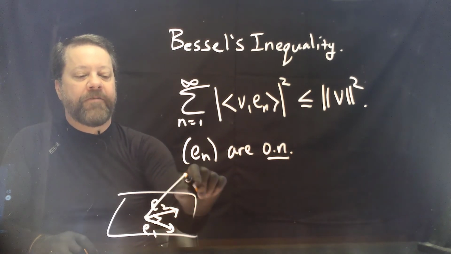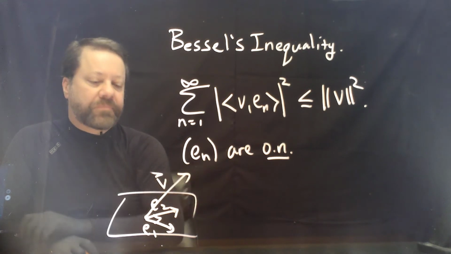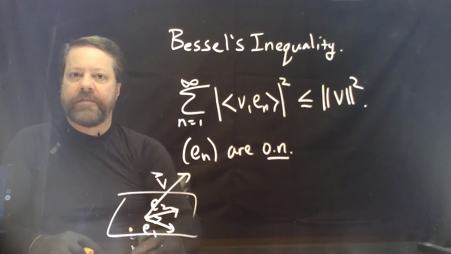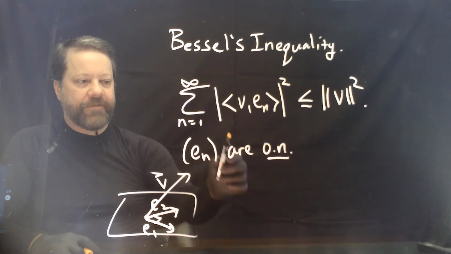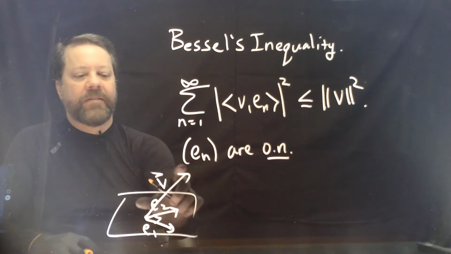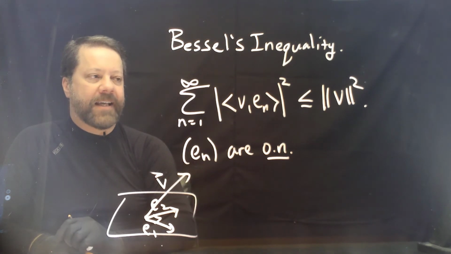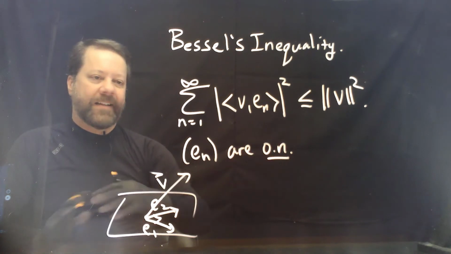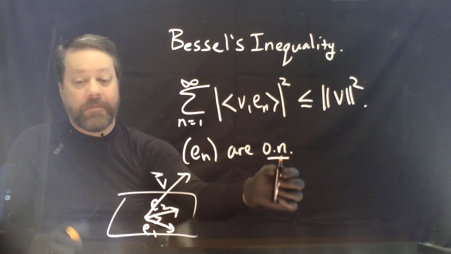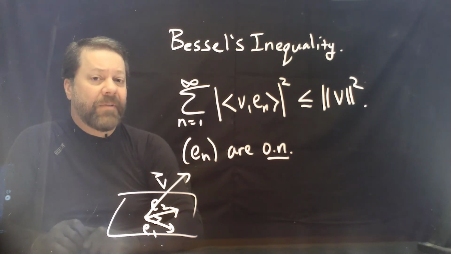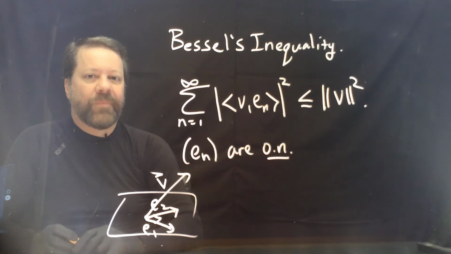My vector V might not be in that plane, in which case these coefficients won't be enough to reconstruct the entire vector. We won't get the entire norm for V out of this. You have to have enough of these En's to span the entire space. But if these are just an orthonormal sequence, at least you'll get something that is less than or equal to the norm of V.